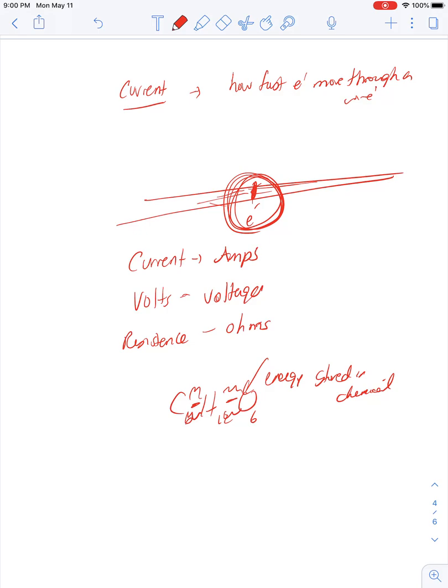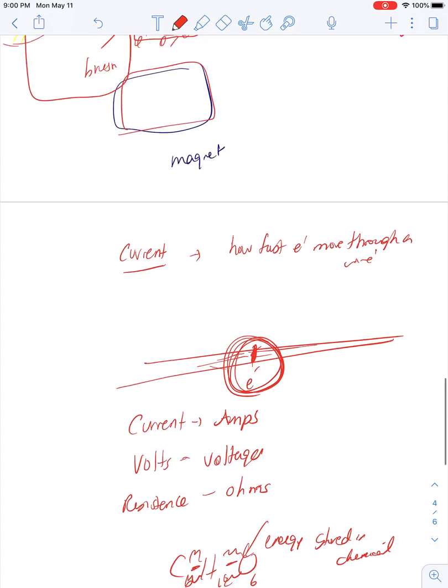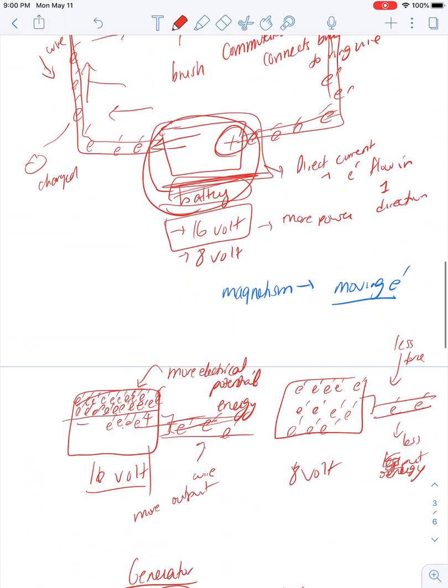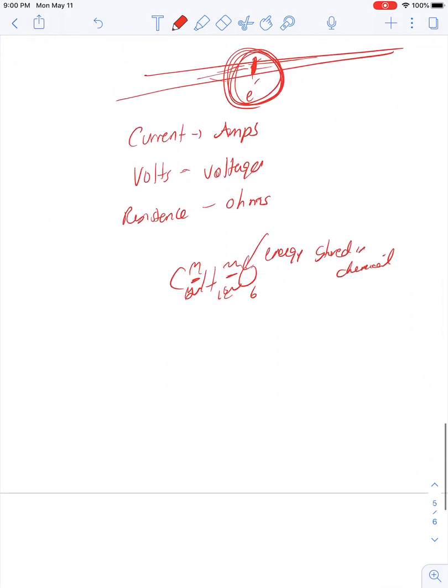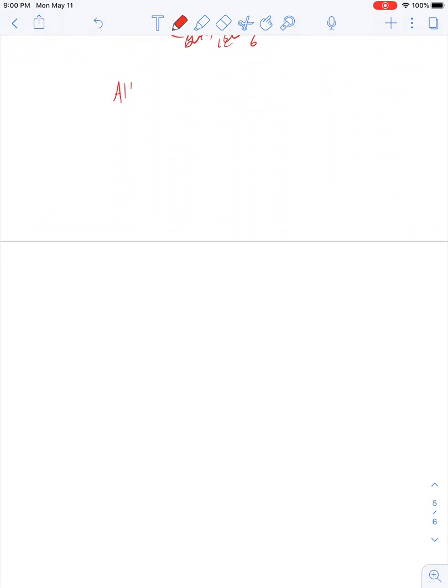And what we're going to do right now is I'm going to teach you about circuits and current. You know that a direct current is current that is in one direction. The other thing you need to know is what an alternating current is. An alternating current is just electrons that move back and forth through a wire, right?